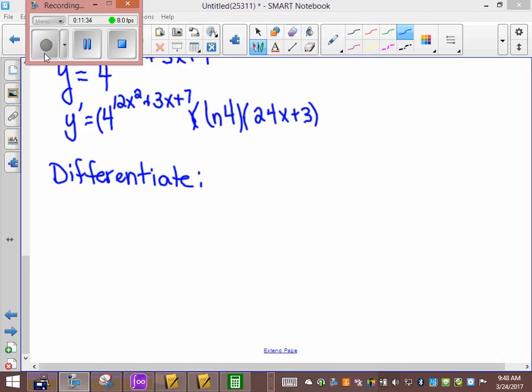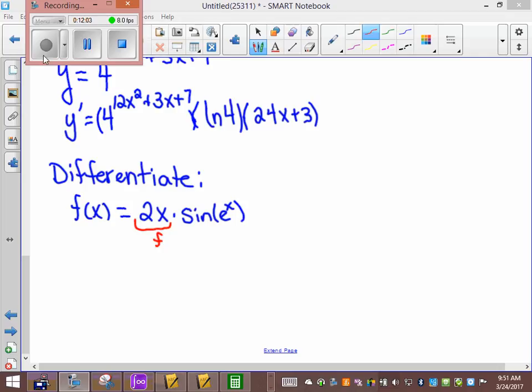So differentiate f of x equals 2x times sine e to the x. Try it out.